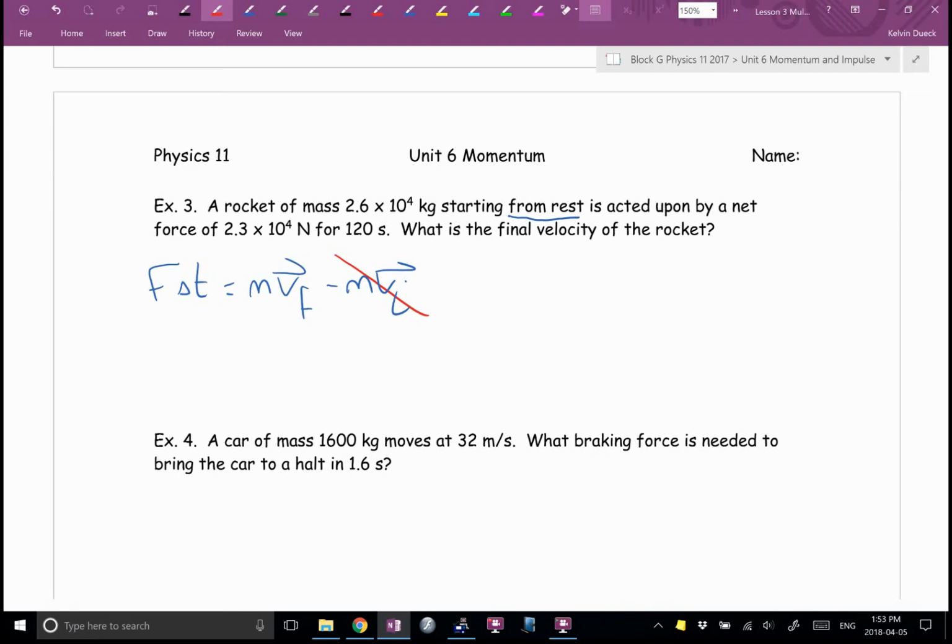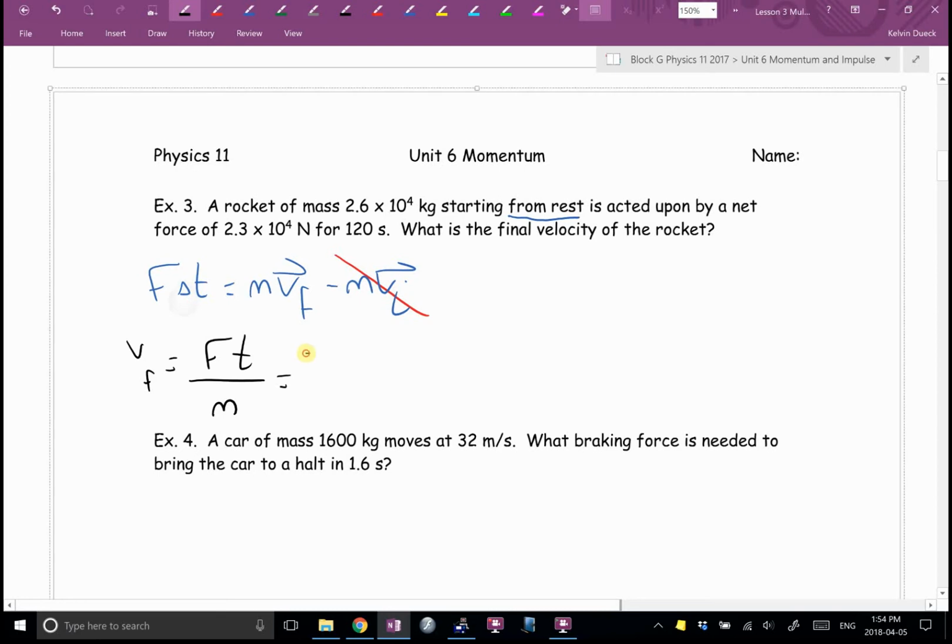It's convenient. So you're telling me that VF is the force times the time divided by the mass? Okay. What's the force? 2.3 times 10 to the fourth. What's the time? 120 seconds.